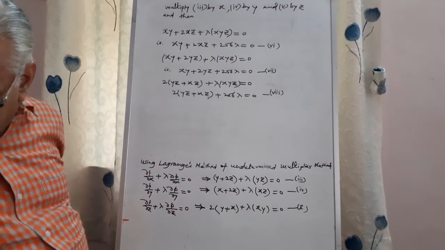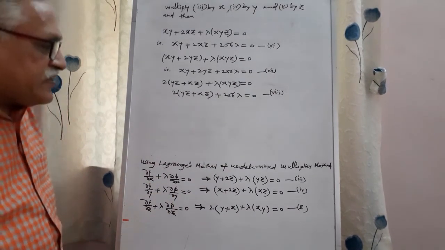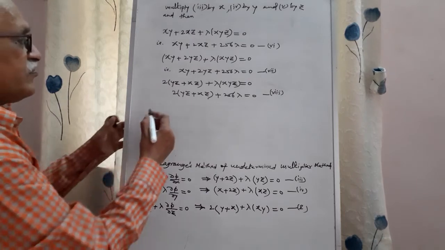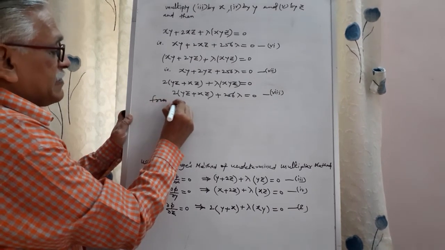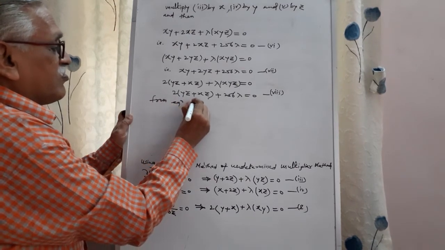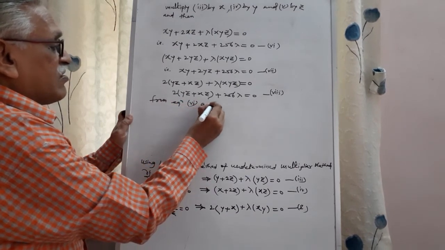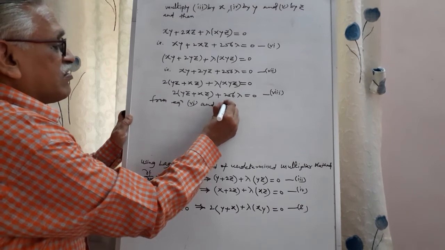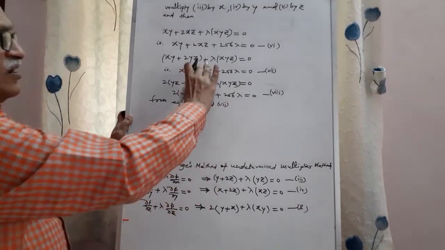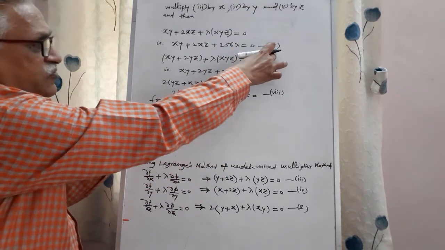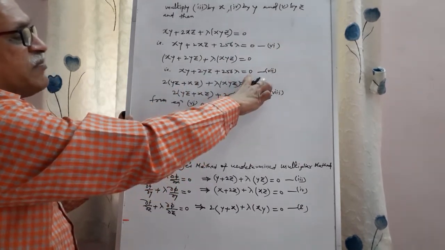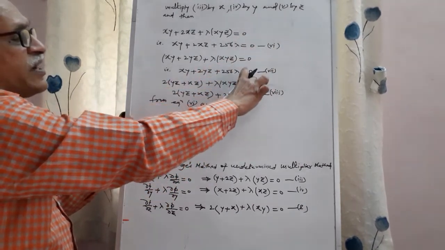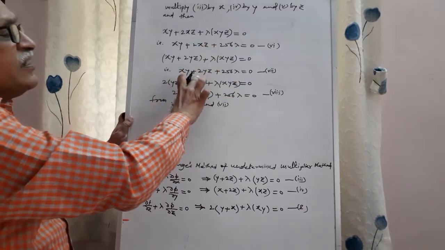Then from equation 6 and 7, if you transfer this, we get minus 256 lambda, and if you transfer this, we get minus 256 lambda. Same term on the right hand side means we can equate the left hand side.